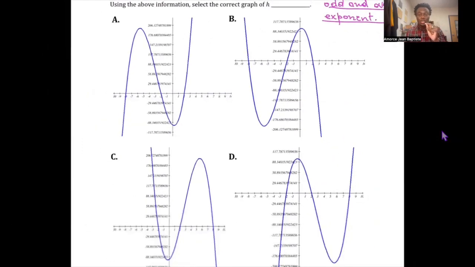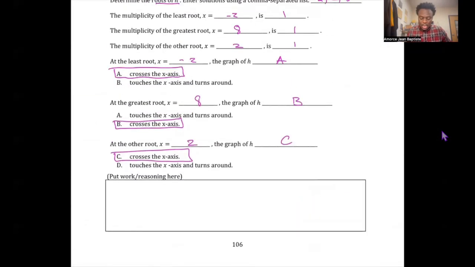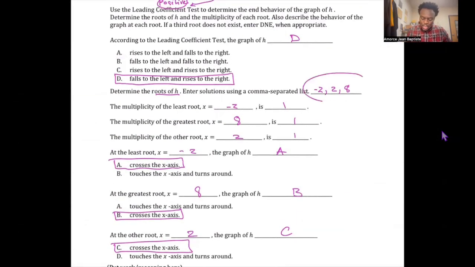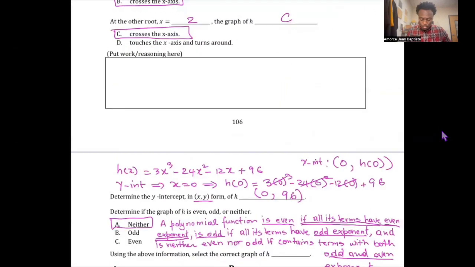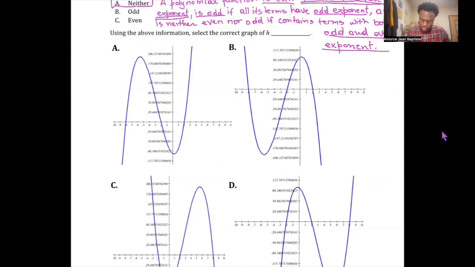Well, the first thing we can use to find the graph is the x-intercepts. So what are the x-intercepts? The x-intercepts were -2, 2, and 8.